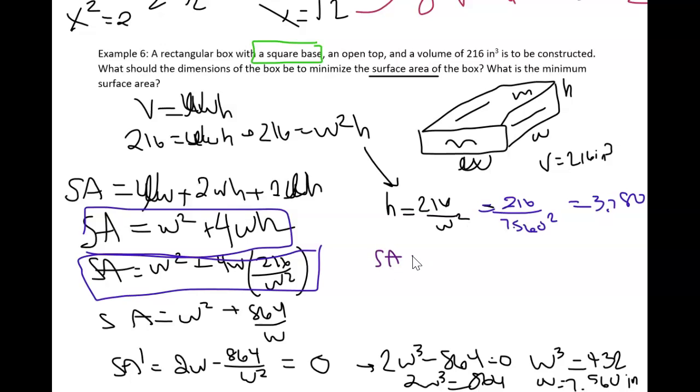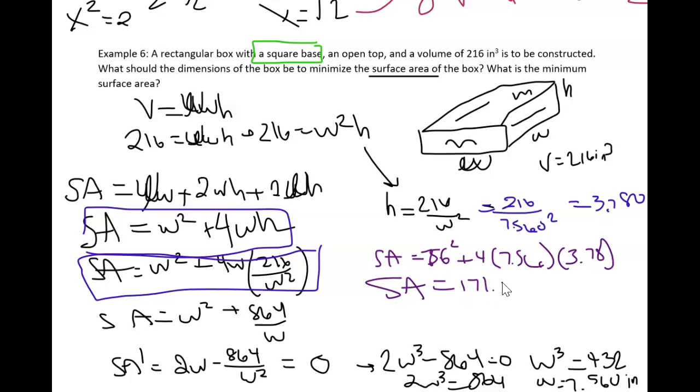Surface area is equal to W squared, so 7.56 squared plus 4 times 7.56 times 3.78. And so I'm getting a minimum surface area of 171.46 square inches.